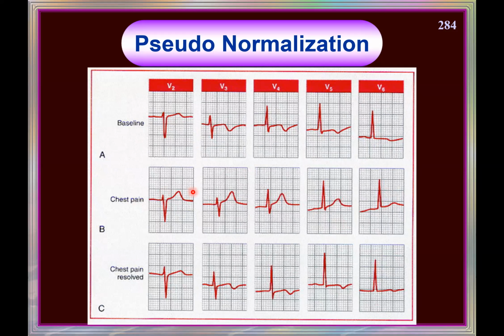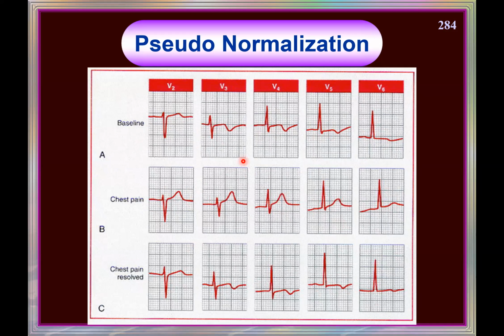When the patient has chest pain, compared to baseline, the ST segments are slightly on the lower side. When he has chest pain, these will get up a little from here and appear as though they are on the baseline. Then once the chest pain is resolved, you can again see the ST segments back to their original position.